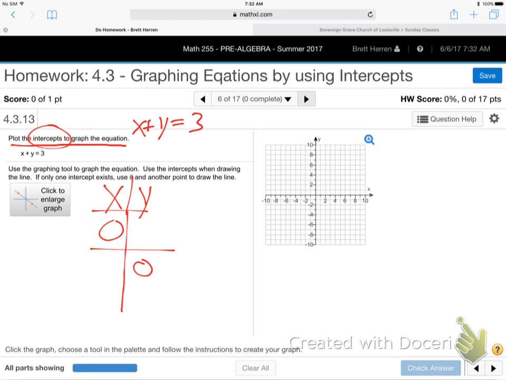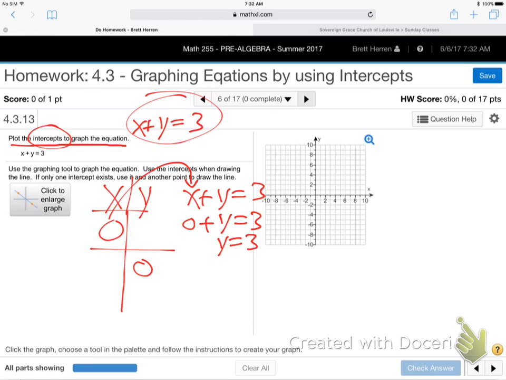So, what equation? Well, this equation. Take x plus y equals 3 and put in x is 0, and you get 0 plus y is 3. Which just means y is 3. There's nothing really to solve there, right?